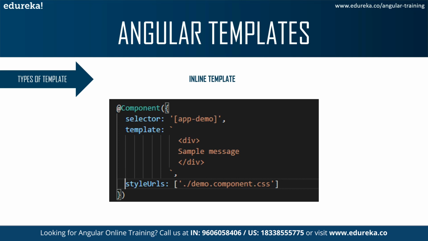It's given in between backticks, and whatever text is being printed within our div tag is given in our template tag itself. We don't have to call any particular HTML file over here. Instead, we just give our direct message here. This is obviously something that should be avoided because in the long run, with huge codes, this wouldn't be preferred. But again, for demonstration or examples, you can consider this.